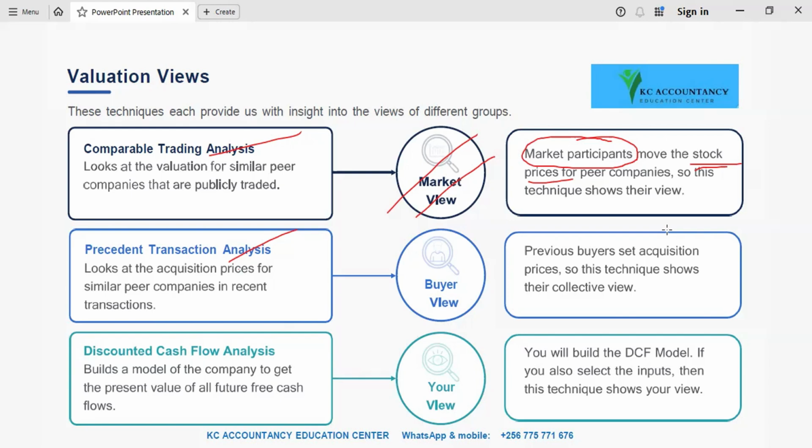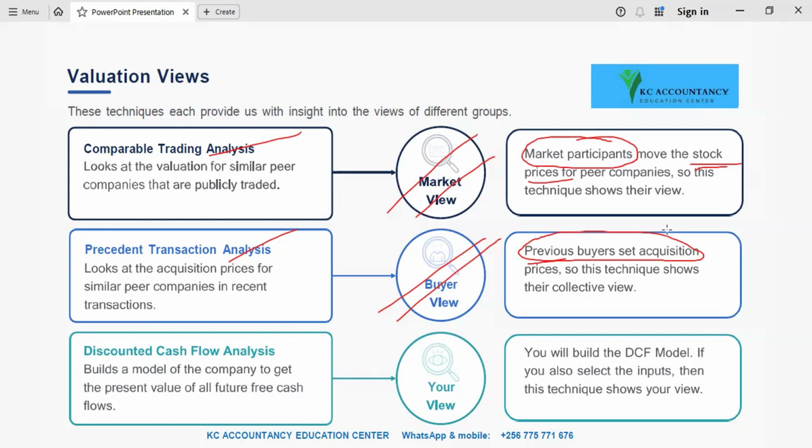In other words, these previous buyers agreed on whichever value they agreed on, and they set the acquisition price. So when we go through this technique, we are really looking into the buyer's view of the value of the business.